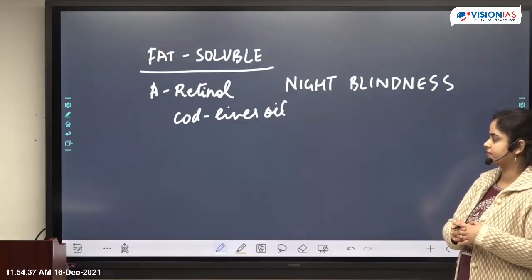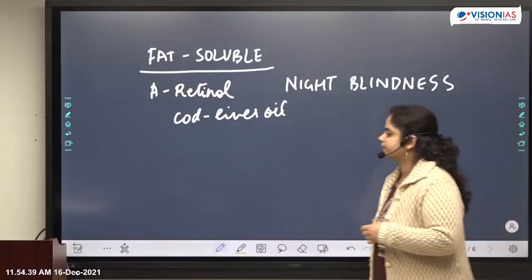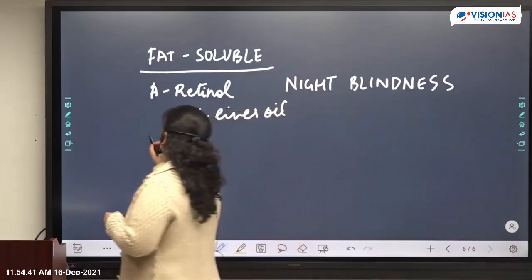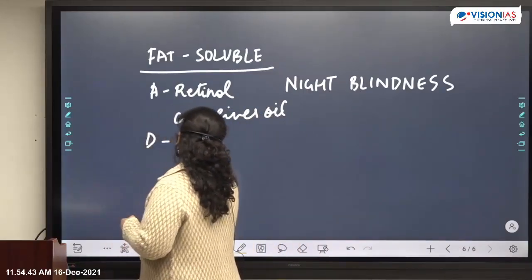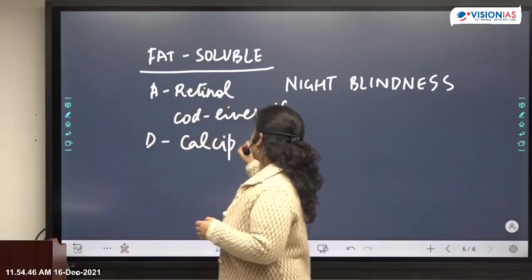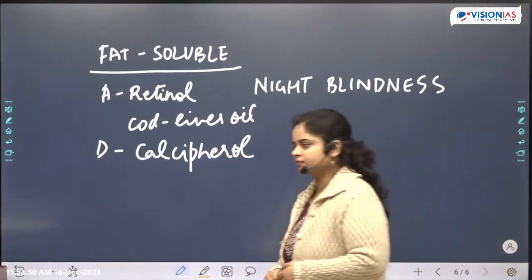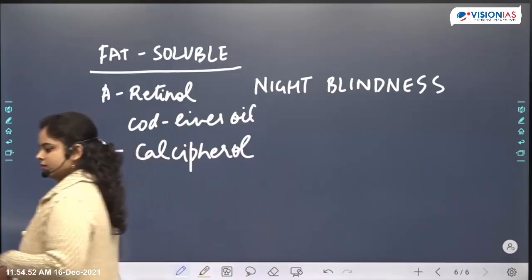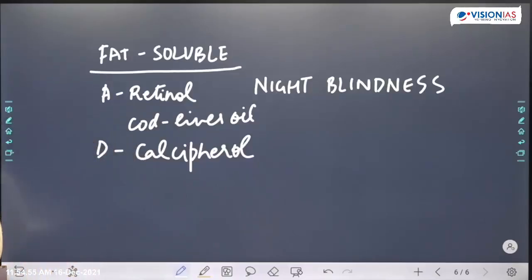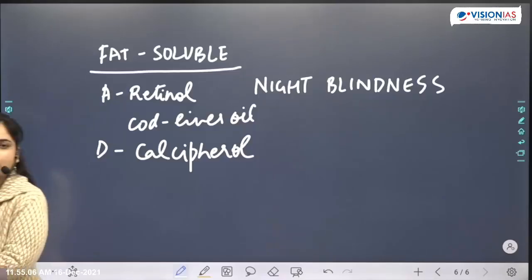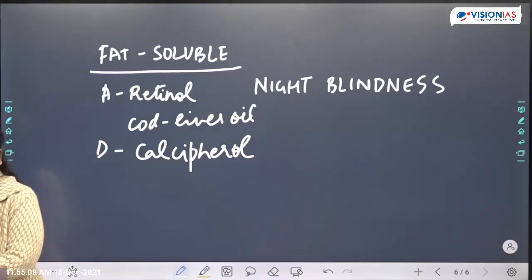Then we have vitamin D, calciferol. So vitamin D is naturally produced by our skin on being exposed to sunlight.